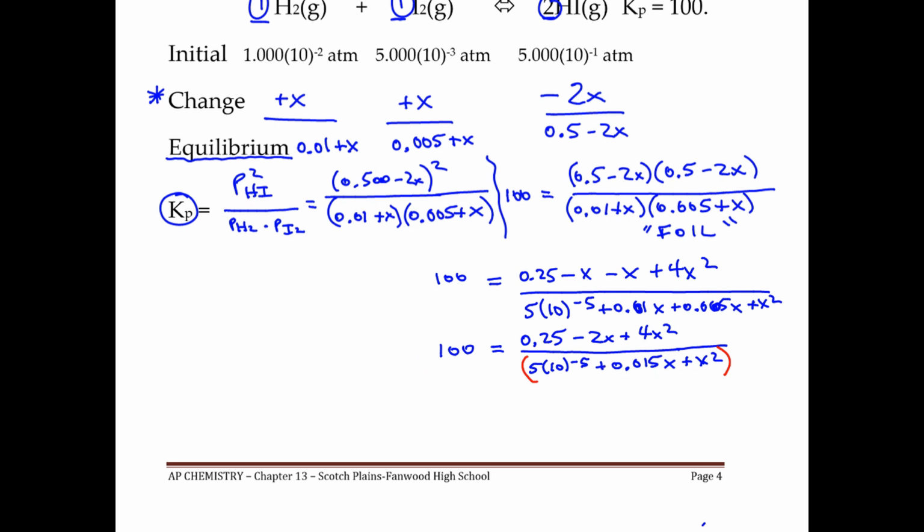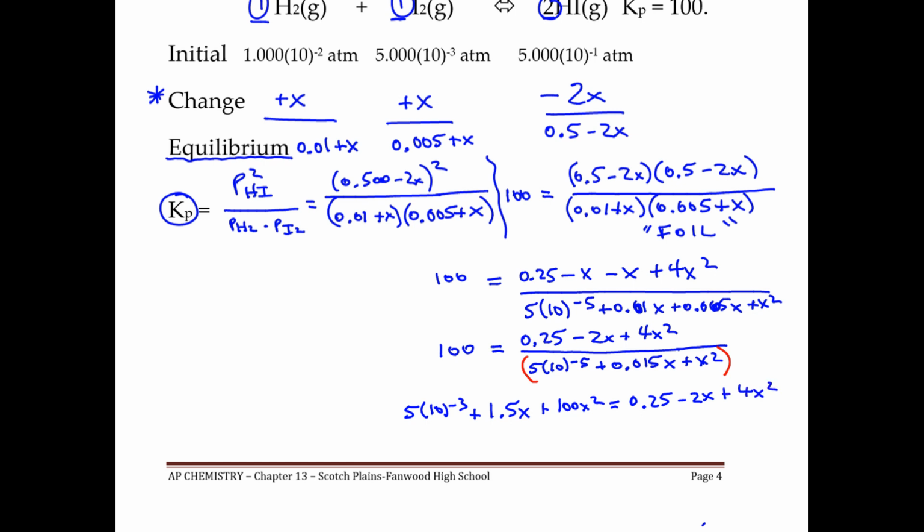So what I'm going to end up with on the left is going to be a 5 times 10 to the -3rd plus 100 times 0.015 is 1.5 for the x. And then 100 times x squared is going to be x squared times 100. And then the right side is going to be the same as it was before, which is 0.25 minus 2x plus 4x squared.